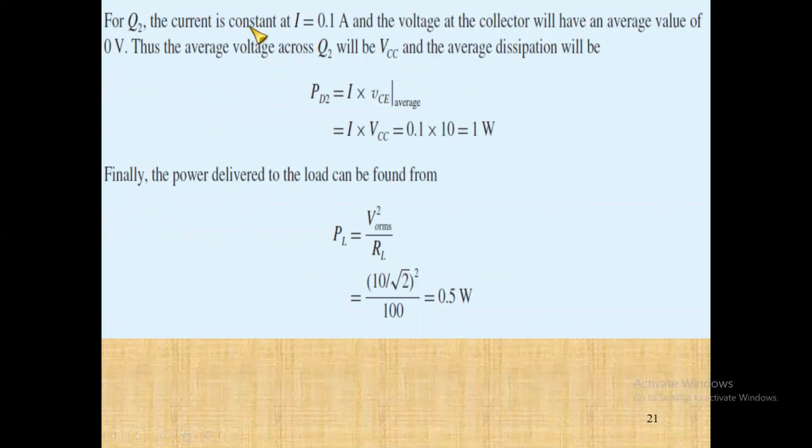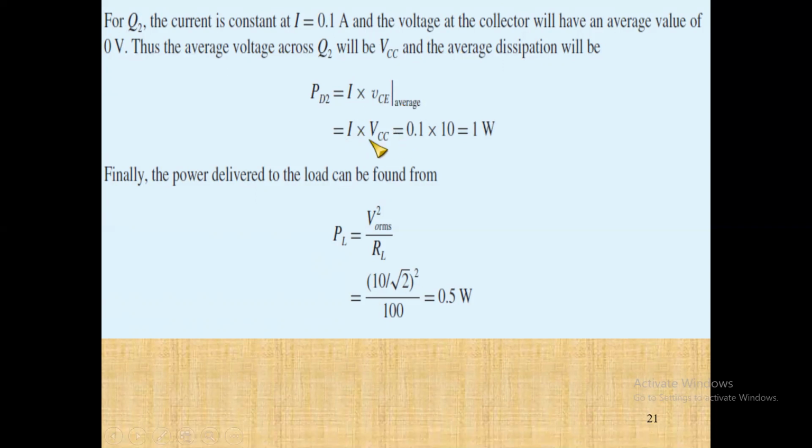Then for Q2, the current is constant, I is equal to this, and the voltage at the collector will have an average value of 0, and thus the average voltage across Q2 will be VCC, and the average dissipation will be again PD2 equal to I into VCE average.